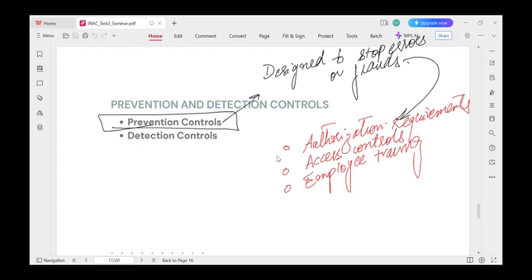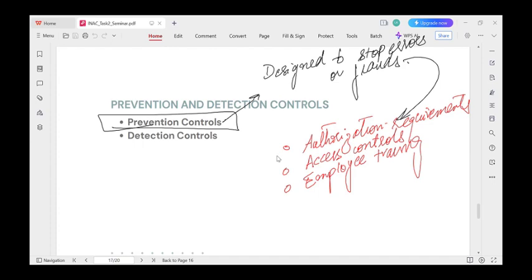So you are trying to prevent fraud happening to the company by training your employees. Okay, if you get this type of email where you have won a lottery of $5 million, that's a phishing email. So you don't need to click that link. Okay. All right, so these are all prevention controls.